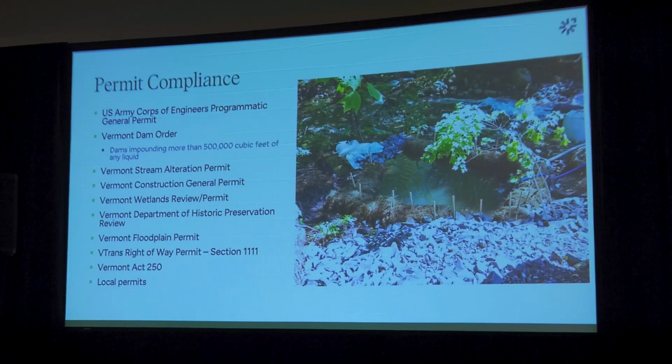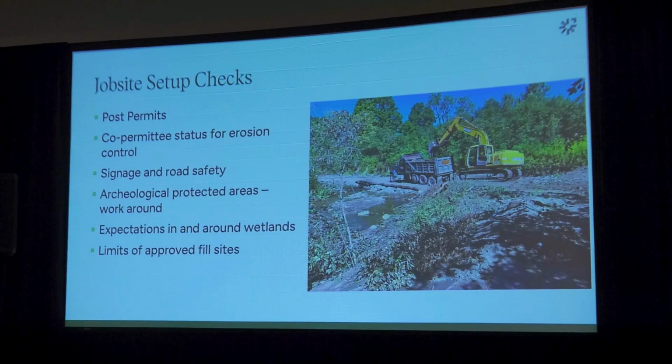So with that, what are the things that we as people doing oversight really need to be looking for on a site? And this is going to be a lot of that setup stuff.